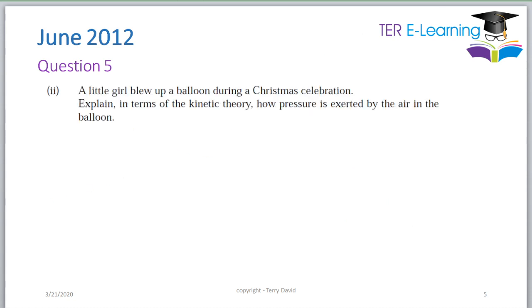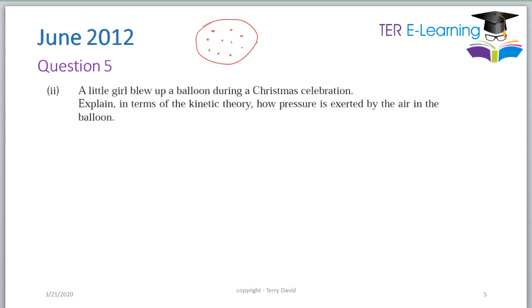Now, let's continue. A little girl blew up a balloon during a Christmas celebration. Explain in terms of the kinetic theory how pressure is exerted by the air in the balloon. So basically, let's say there's a balloon, and we have particles of air, because this is what the kinetic theory is about.